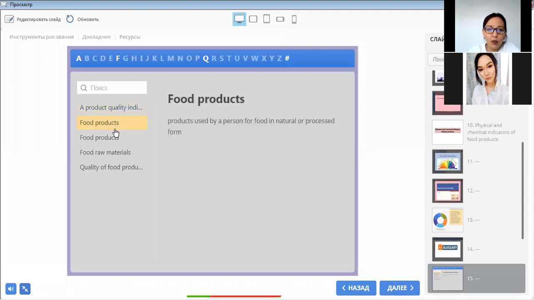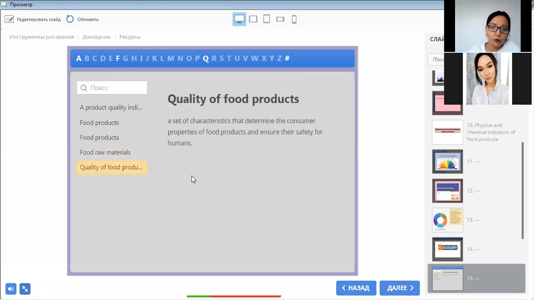And what are food products? Products used by a person for food in natural or processed form. And the next term is the quality of food products. It is a set of characteristics that determine the consumer properties of food products and ensure their safety for humans.